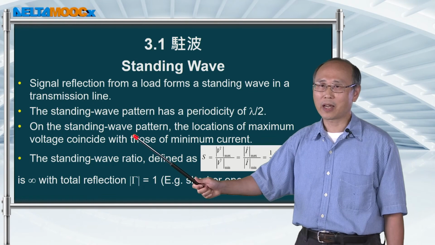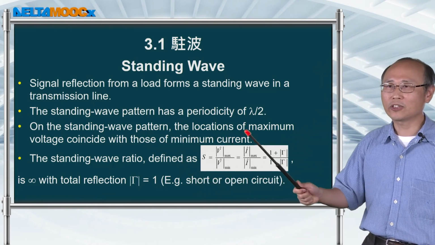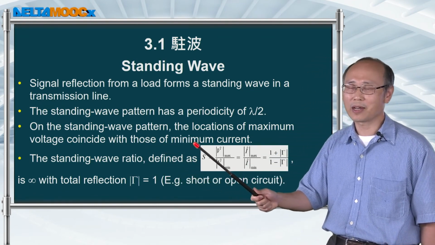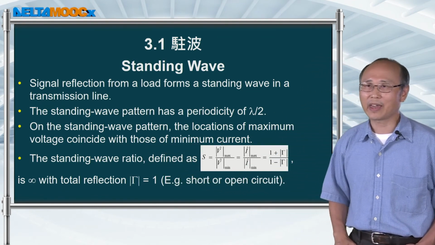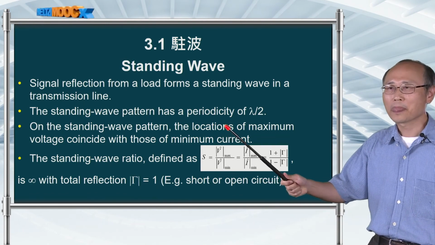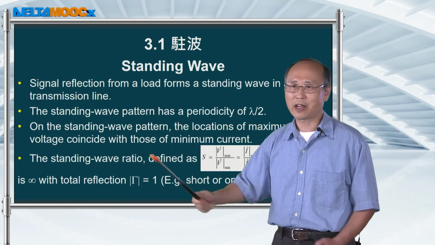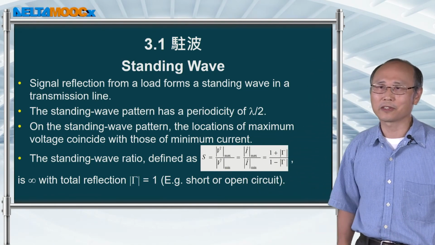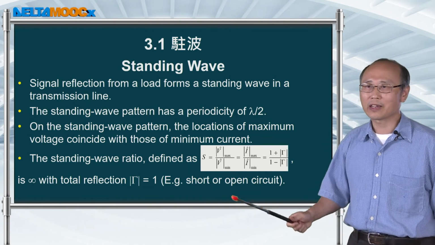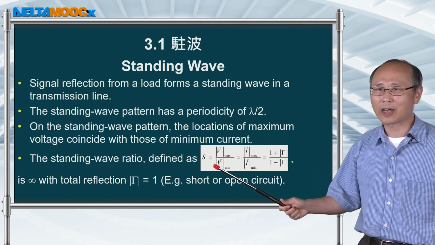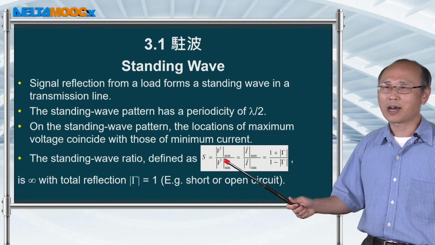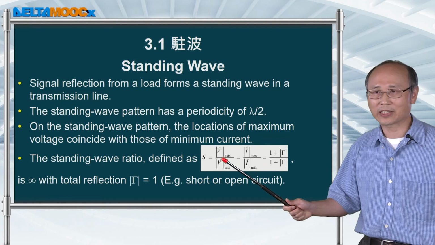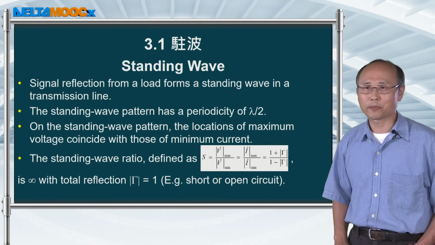On the standing wave pattern, the location of the maximum voltage will coincide with the minima of the current. On the other hand, the locations of the minimum voltage match the locations of the maximum current.